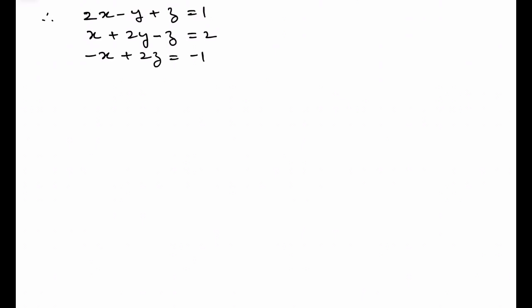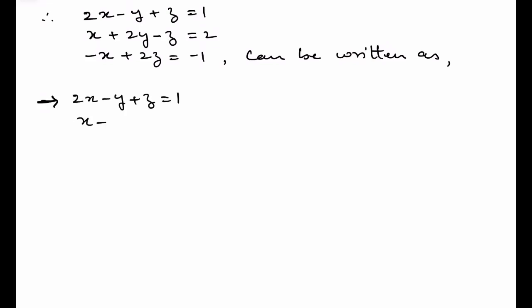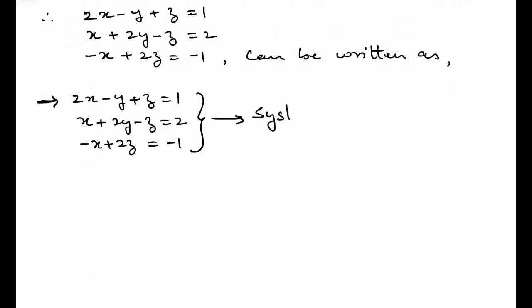Therefore, the equations 2x minus y plus z is equal to 1, x plus 2y minus z is equal to 2, and minus x plus 2z is equal to minus 1, are in system of linear equations form.